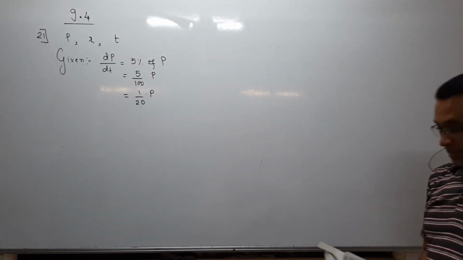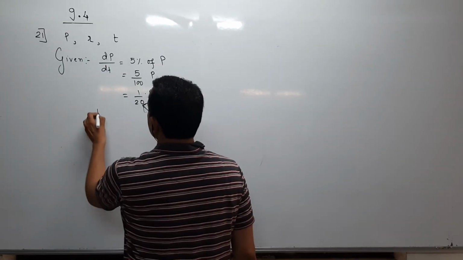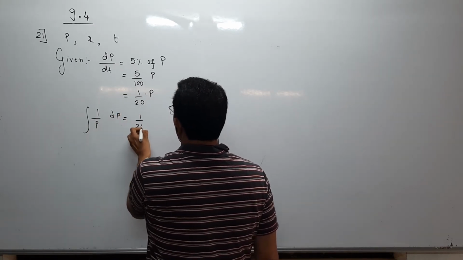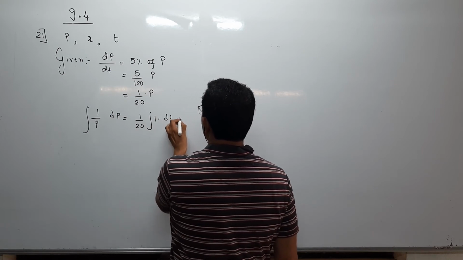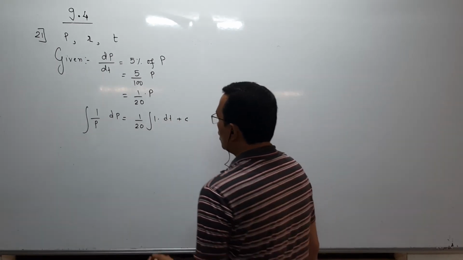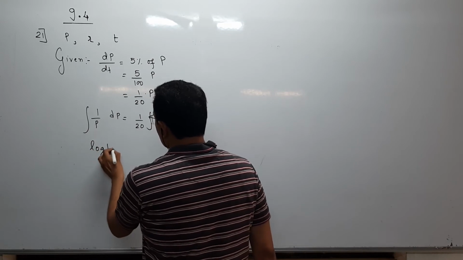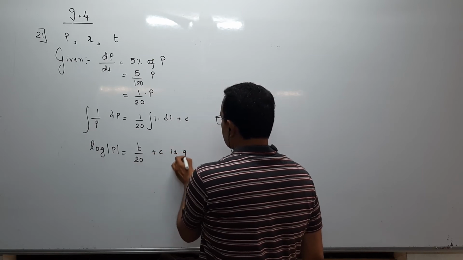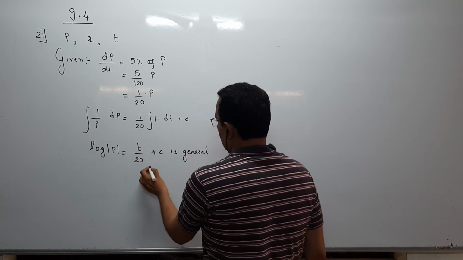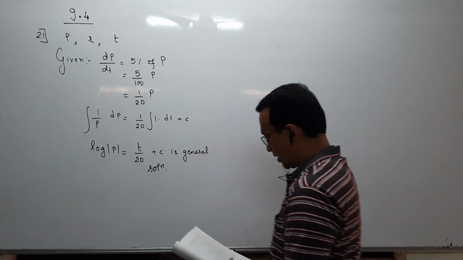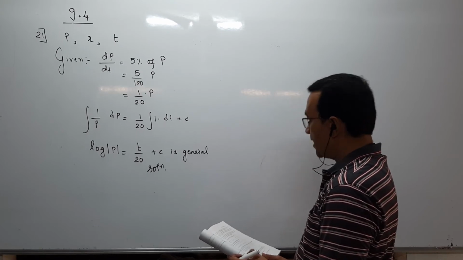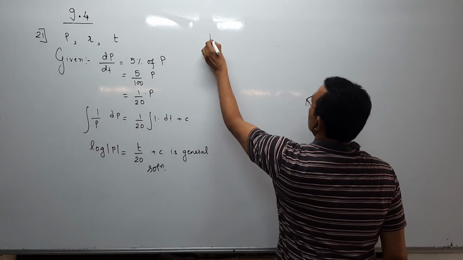In a bank, principal increases continuously at the rate of 5% per year. So variable separable form: 1 by P dP is equal to 1 by 20 into 1 dt plus C. So log mod P is equal to T by 20 plus C, which is the general solution. Then an amount of ₹1000 is deposited in the bank at time T is equal to 0.